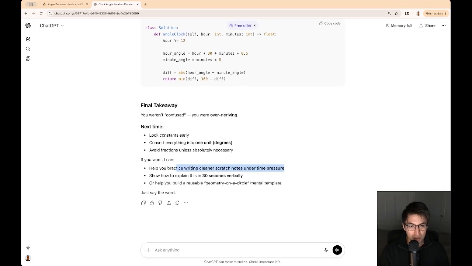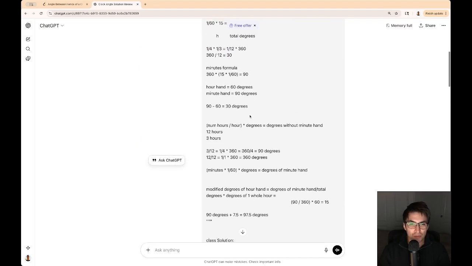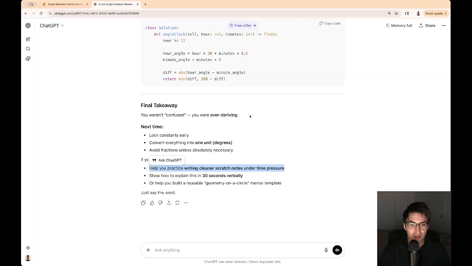This right here, help you practice writing cleaner scratch notes under time pressure, is something that I really need to implement, because I was all over the place for this problem. In general, I like to write my notes, but sometimes even for brute force solutions, I'll walk through the entire brute force solution in my notes, and I probably waste a few minutes that I should just talk through the brute force solution in such a simplified way that notes aren't even required.